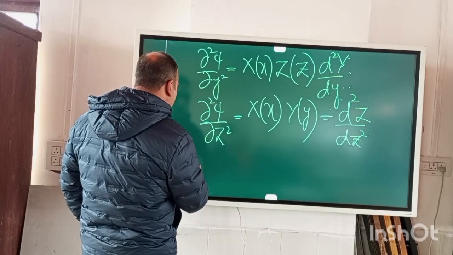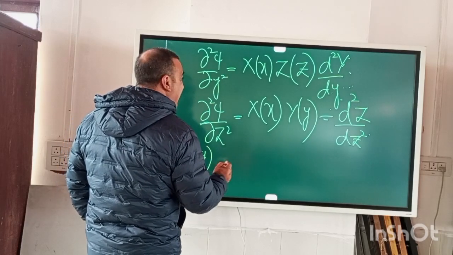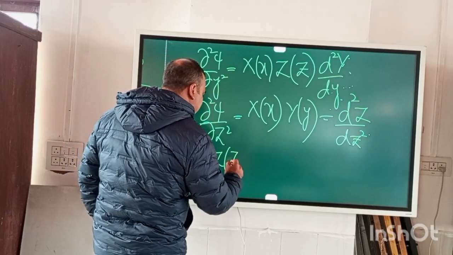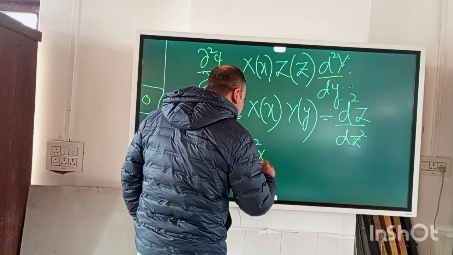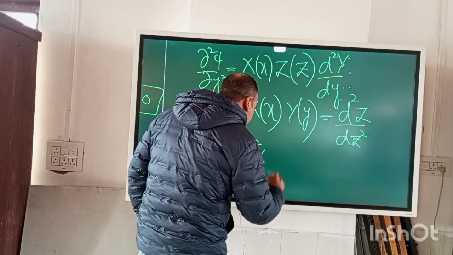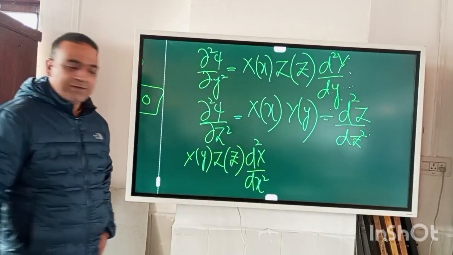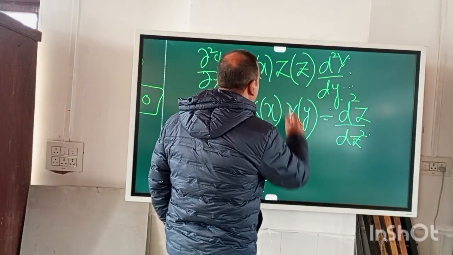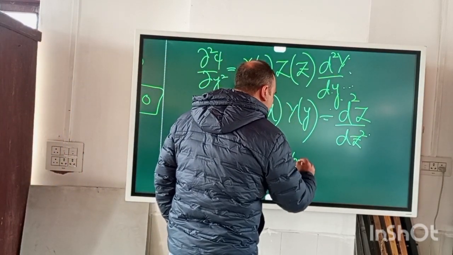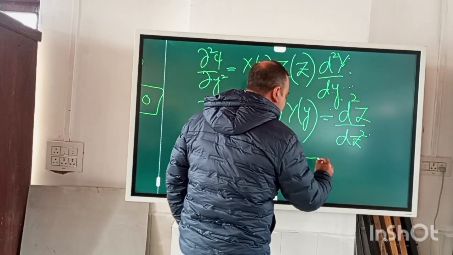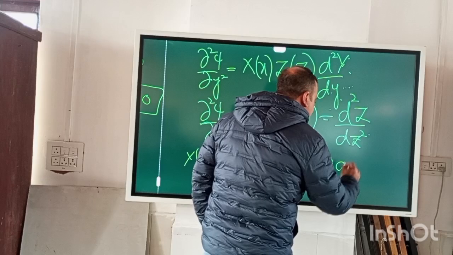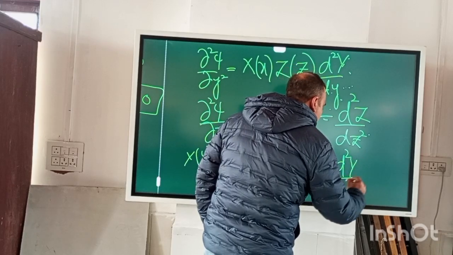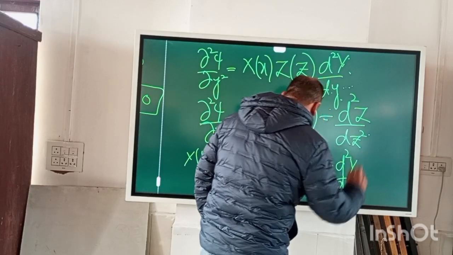That was Y(y) Z(z) and d²X/dx². This would have been the first term, plus X(x) Z(z) d²Y/dy².